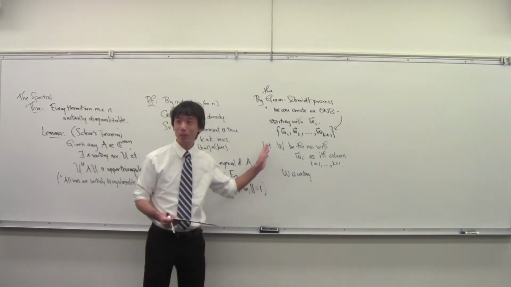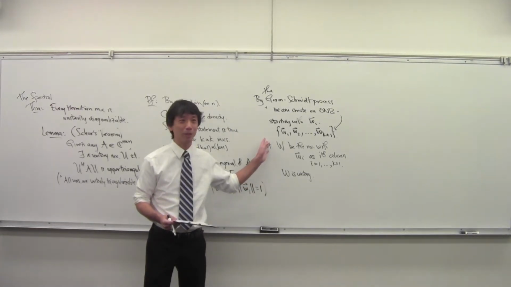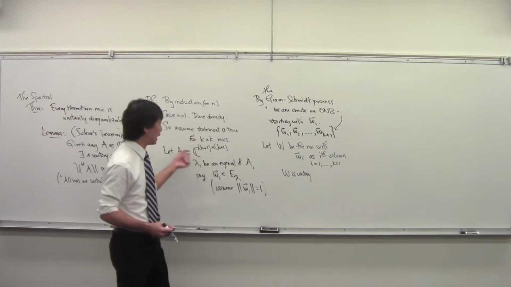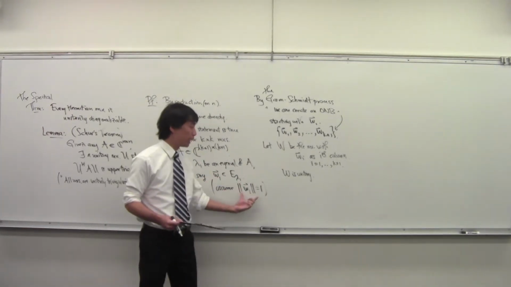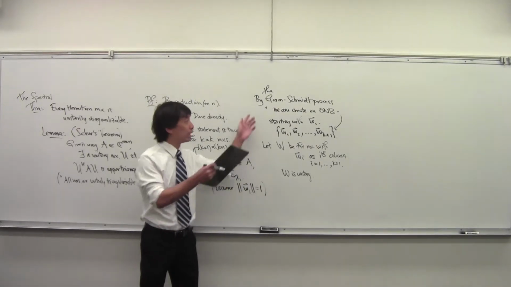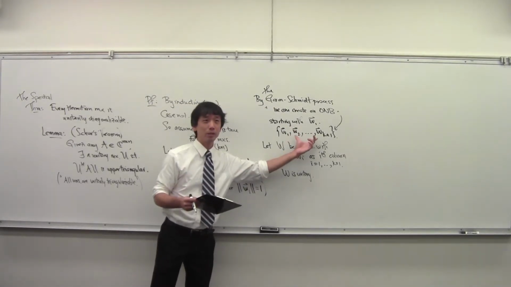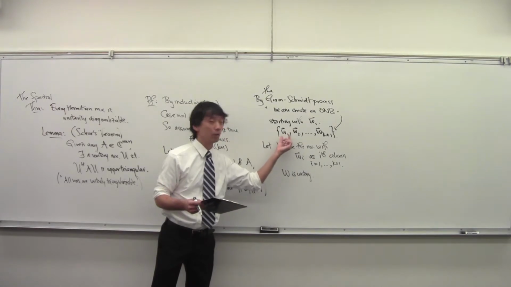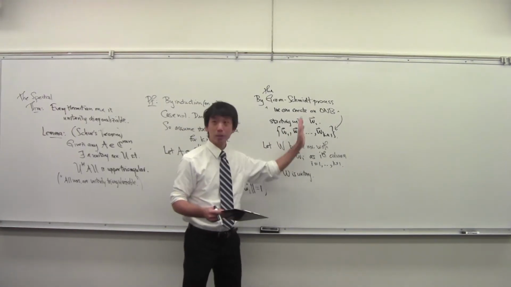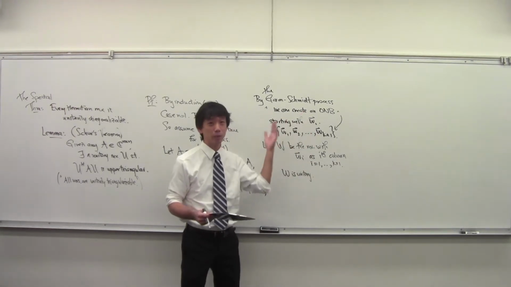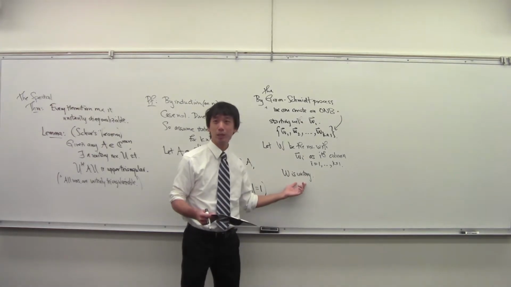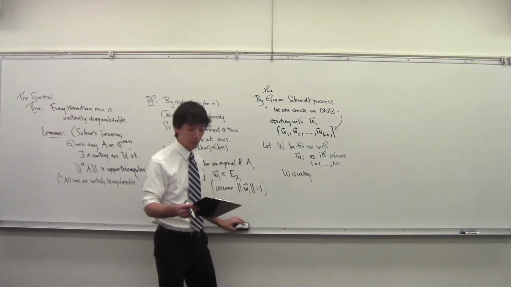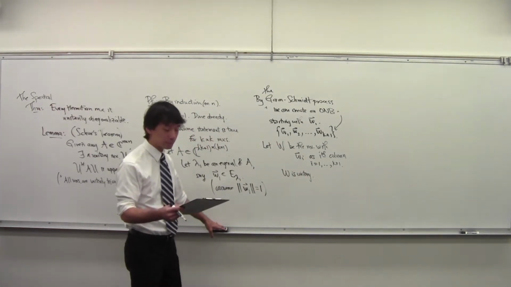Anybody confused? We took an eigenvector, made sure it was norm 1, and built it up into an orthonormal basis. We use those as the columns, so we've got a matrix with an orthonormal basis as its columns. That's, by definition, a unitary matrix. Nothing amazing has happened.